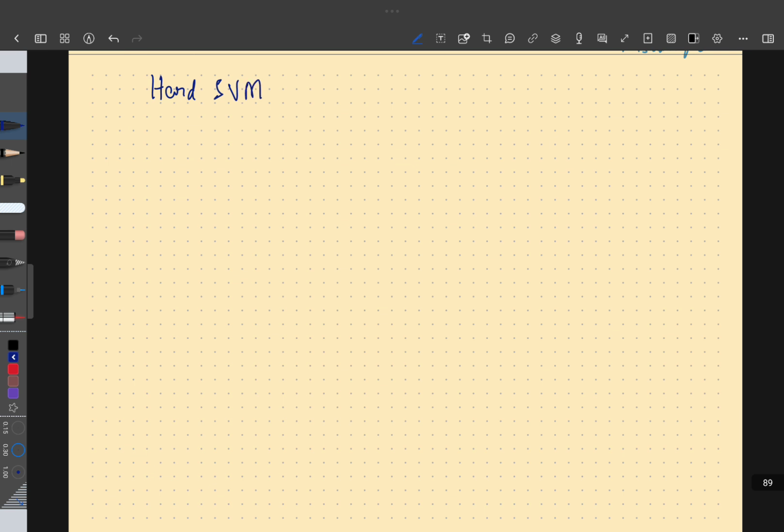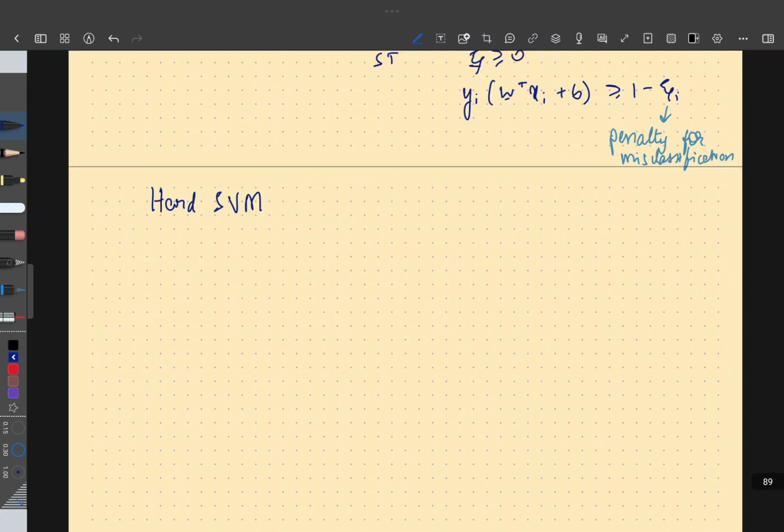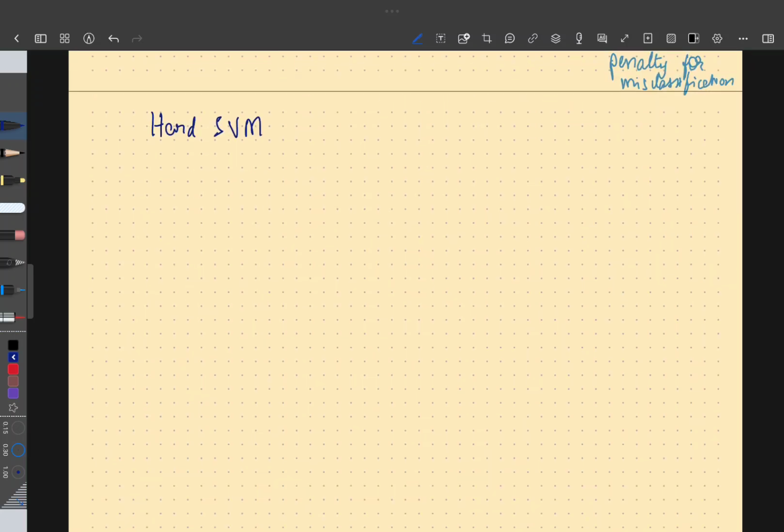So we have the hard SVM optimization problem, where we want to minimize norm w square subject to the constraints that for all i, yi times (w transpose xi plus b) is greater than or equal to 1.